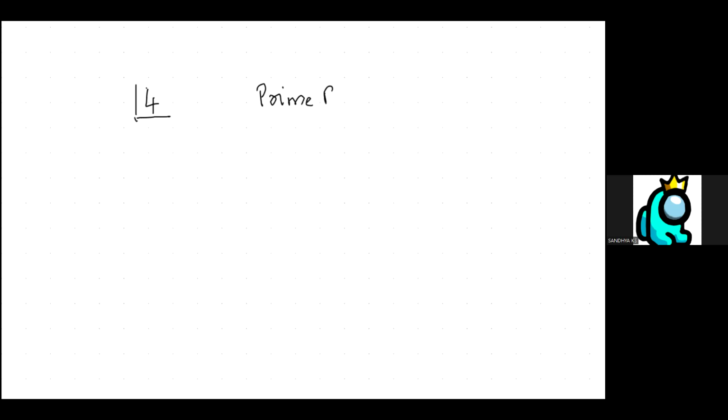Prime factorization means we are going to find factors, and prime means we divide only with prime numbers, not with other numbers.